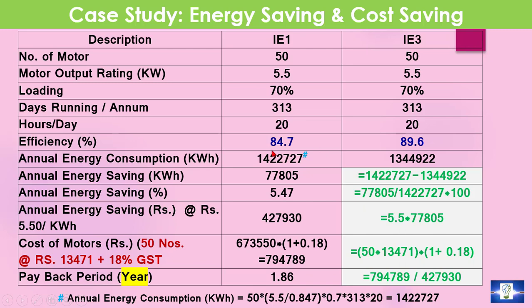So the annual energy consumption for the IE1 motor is 14,22,727 kilowatt hour. How is this figure coming?